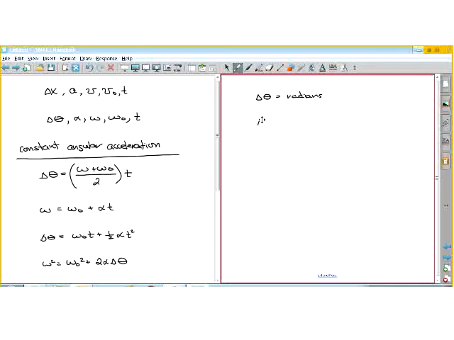So if you were asked to calculate, or given information, instead of radians, you might be given in revolutions. We have the conversion that there are 2 pi radians per 1 revolution.